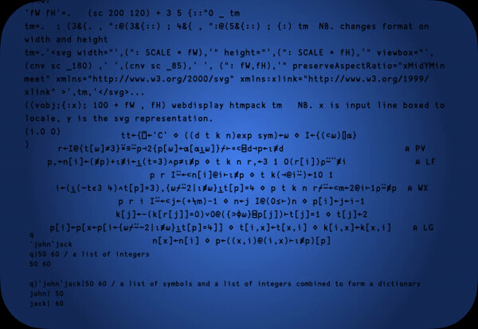I just find it incredibly pleasurable. To me, it's the most perfect example of the use of an array language to solve a problem. It's like a short story, you know. You agree?